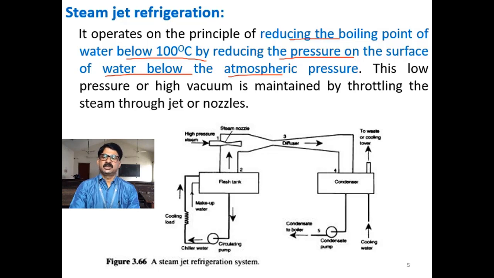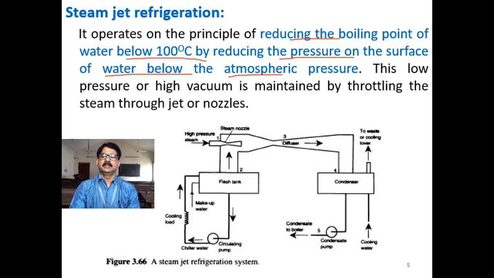If the pressure changes, the boiling point also changes. At atmospheric pressure, the boiling point of water is 100 degrees Celsius. If we reduce the pressure below atmospheric pressure, water can evaporate at a temperature lesser than 100 degrees Celsius. This principle is used in steam jet refrigeration.